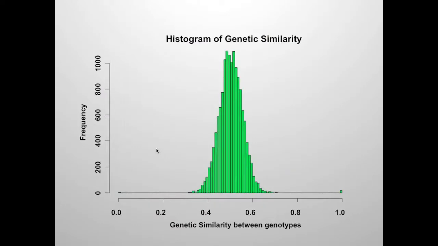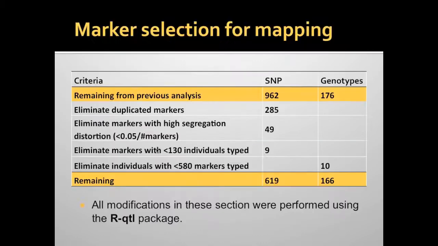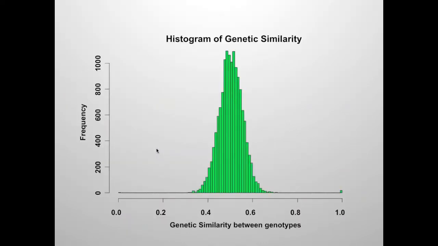With that data set, I made a genetic similarity analysis. What we expect from our progeny is that the genetic similarity should go from 0 to 1. Here I included the parents also.